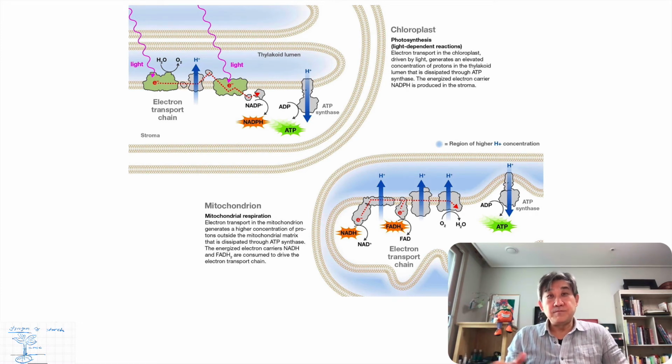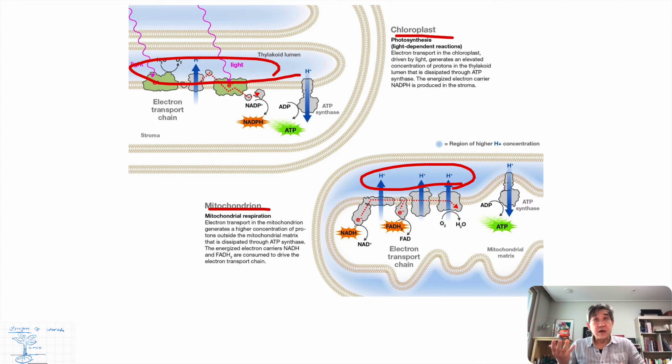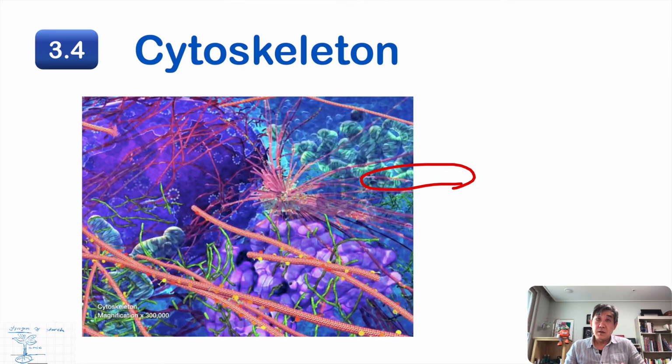Here, these two figures compare the organized architecture of chloroplast and mitochondria, utilizing their similar architecture for very similar tasks, like building up hydrogen ions to drive ATP synthesis. In the small space here, hydrogen ions are accumulated, and then ATP synthesis can occur there.